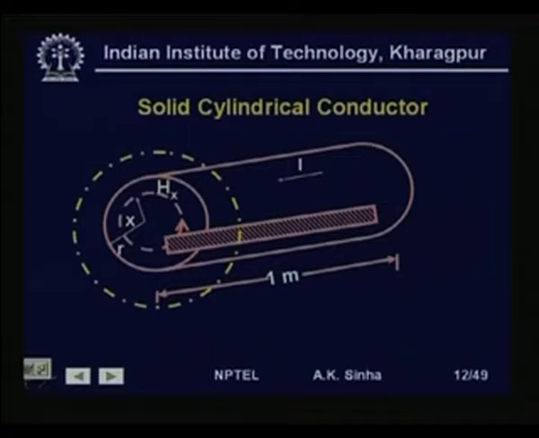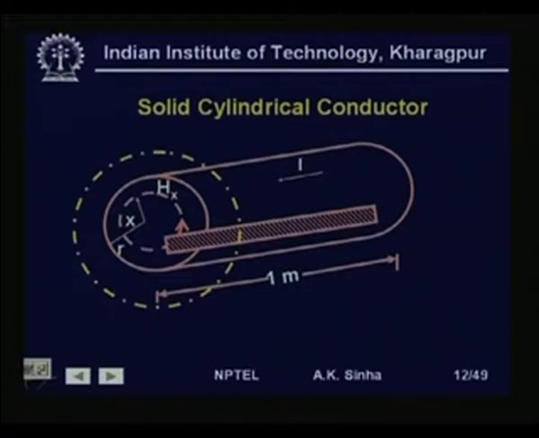So, here in this diagram at a distance x from the center, we have a magnetic field with intensity H x, and this field is going to link only the part of the current which is inside, not the current outside, whereas the current will also set up a magnetic field outside the conductor, and this will be linking all the current flowing in the conductor, because it will be enclosing the full conductor.